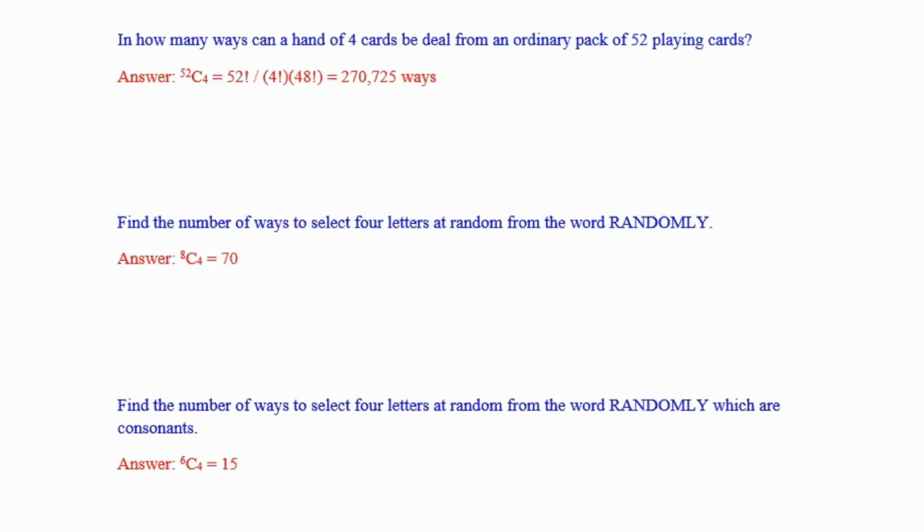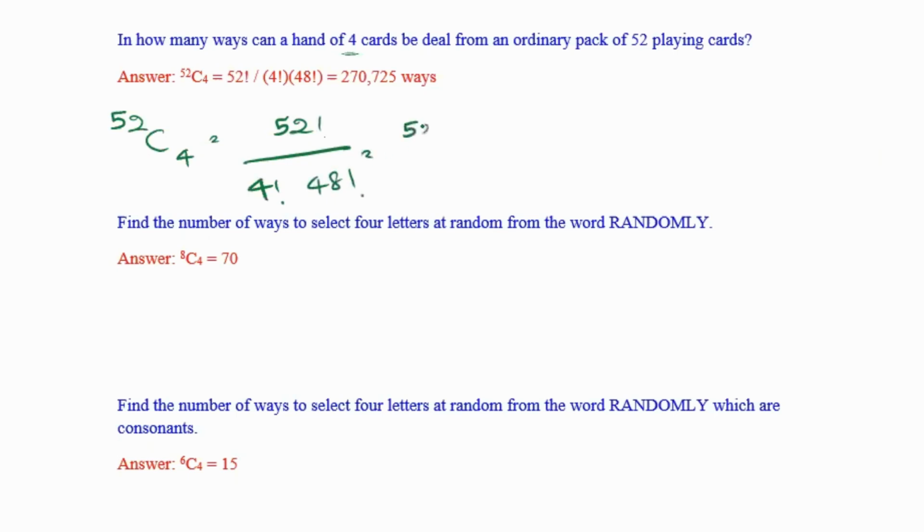Now let's work out some more examples on combinations so that we can actually grasp the concept really well. This time we are playing with a deck of cards, and out of the 52 cards in the deck, we have to select 4 cards. We only have to select. We don't have to think of the arrangement of the cards. We just have to select 4 out of the 52, so combinations come into play. 52 factorial divided by 4 factorial times 48 factorial.